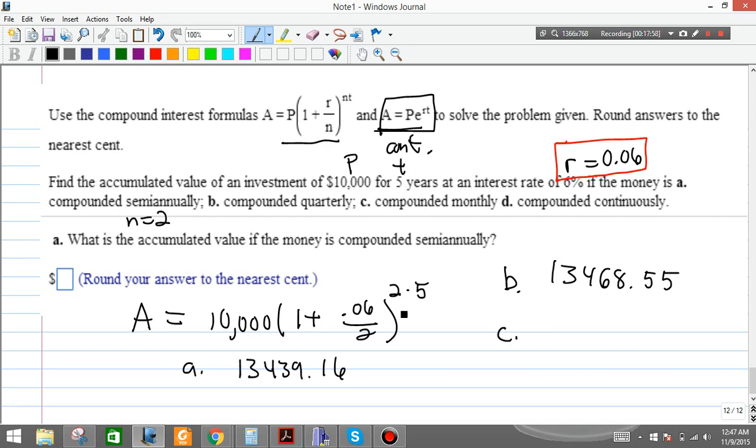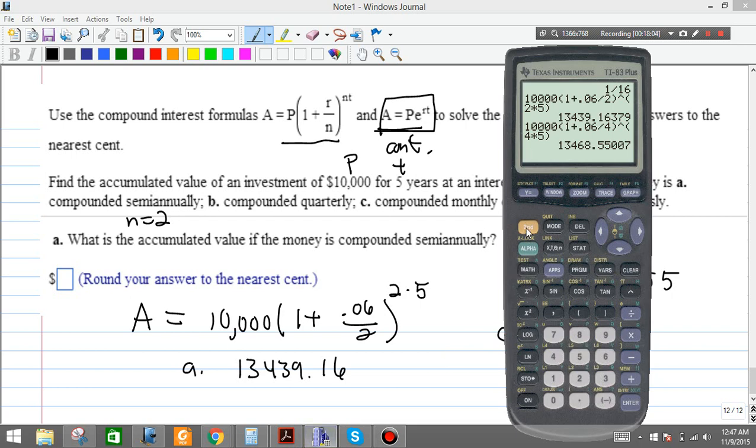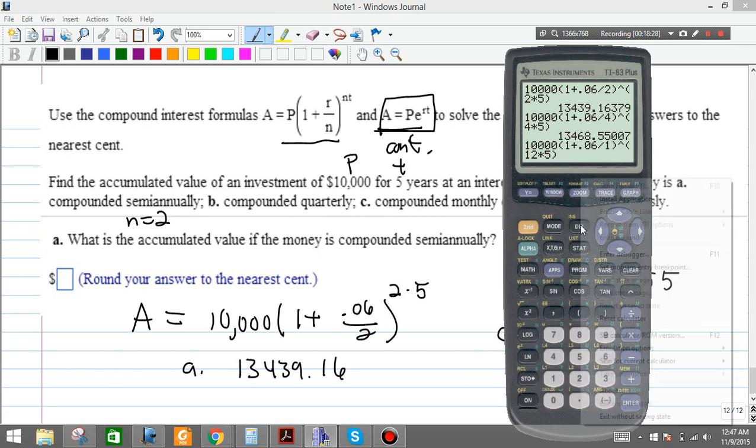C is monthly. That means 12 times a year. So I'm going to go back and put in 12 instead. So I'm going to put in 1, and then I need to insert a 2. And then here I'm going to put a 1, and then I'm going to do an insert 2 there, right?